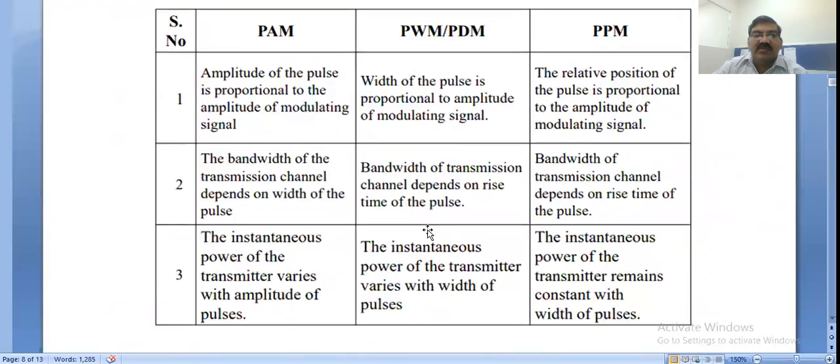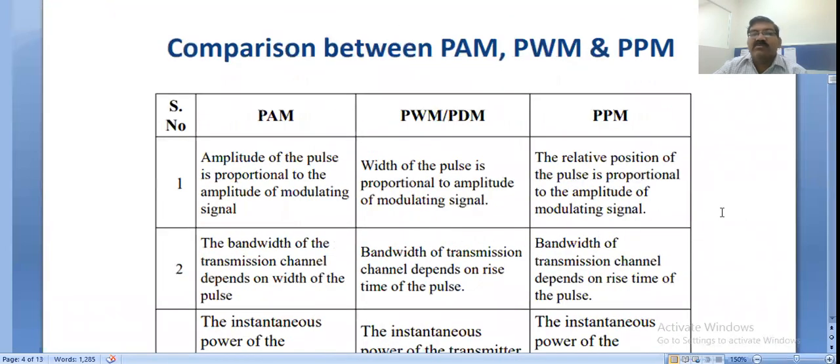this comparison between all three. In the comparison, we are trying to understand how these pulse modulation techniques differ. First point, the amplitude of the pulse is proportional to the amplitude of the modulating signal.